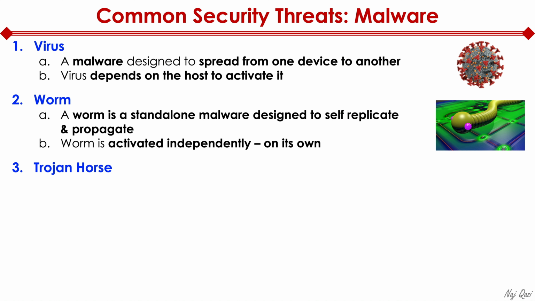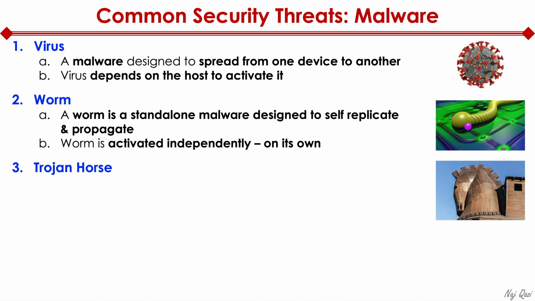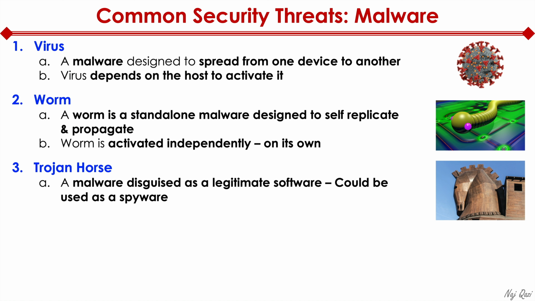The third type is a Trojan horse. Just like the city of Troy, if you have watched the movie Troy, I'm sure you know all about the Trojan horse. It's malware disguised as legitimate software. It could be used as spyware for spying on the user, for example. A Trojan horse must be installed by a user to activate.